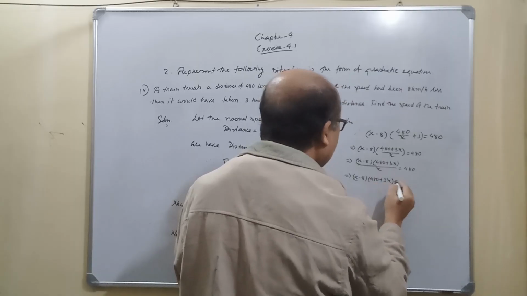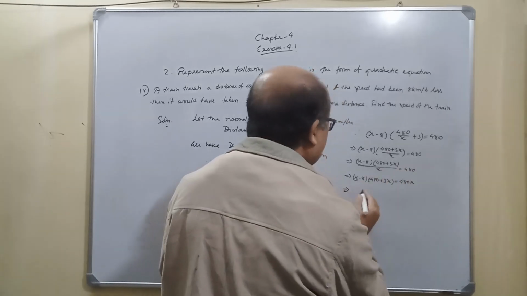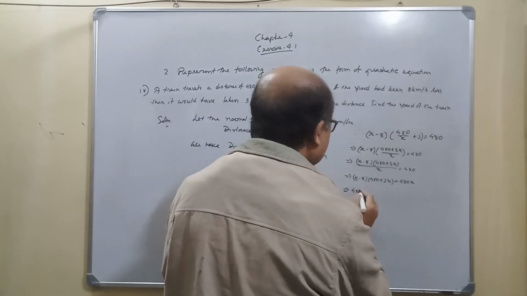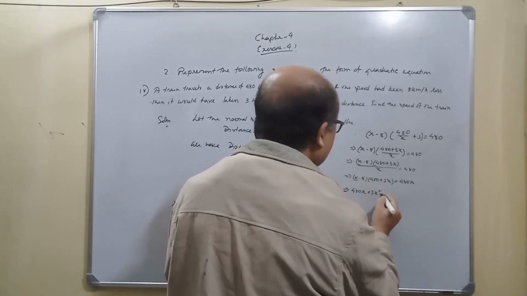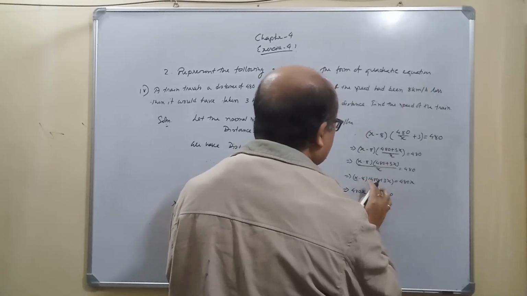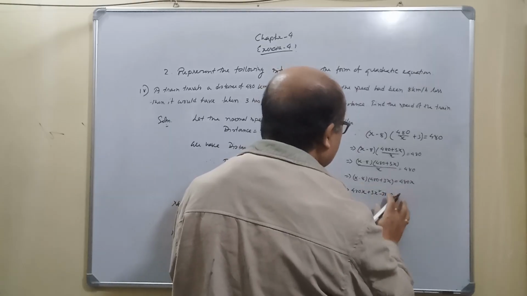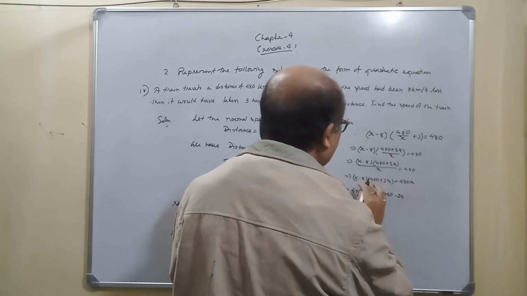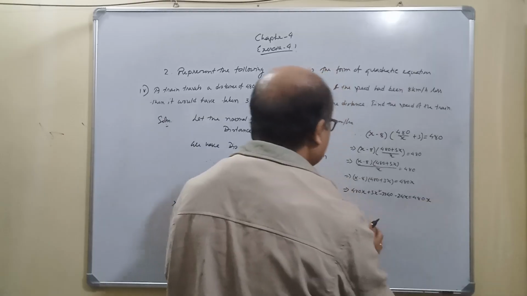x into 480 is 480x, x into 3x is 3x square, minus 8 into 480 is minus 3840, minus 8 into 3x is minus 24x, equal to 480x.